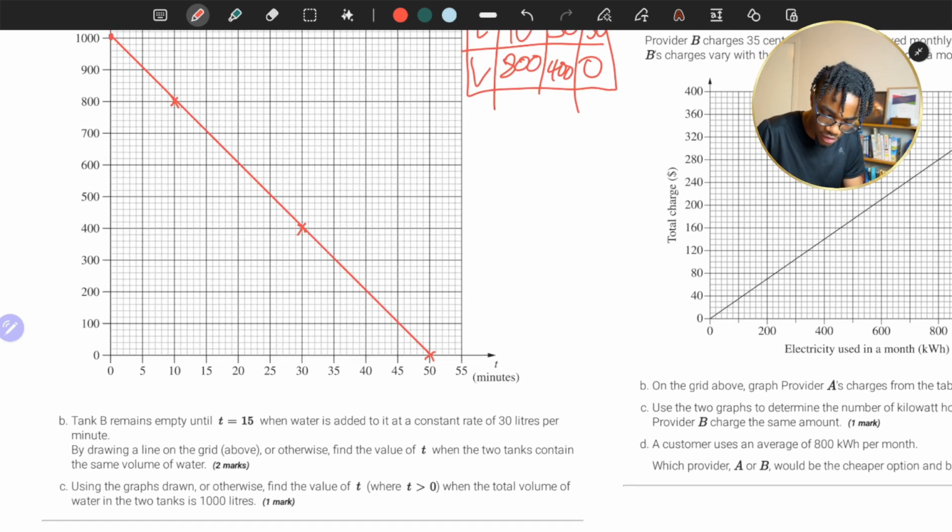Right. So doing that for this question, tank B remains empty. Right. So for this one, let me just make sure this is in sync. Perfect. All right. So tank B remains empty until T equals 15. Right. And then water is added at a constant rate of 30 liters per minute. Right. So you can say volume equals 30 liters a minute.